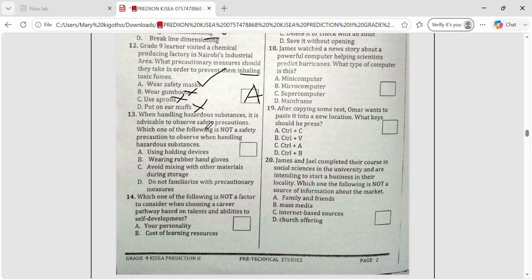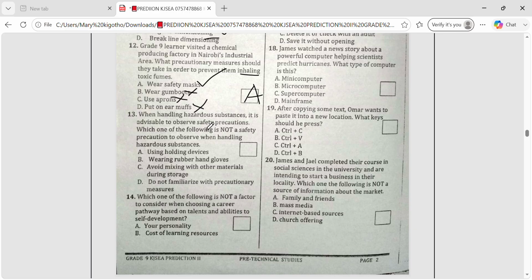So I want you to pause the video and do the necessary. So welcome back. Hope you have gotten the answer. Let's see the choices that we have been given: using holding devices, wearing rubber hand gloves, avoiding mixing with other materials during storage, and do not familiarize with precautionary measures.